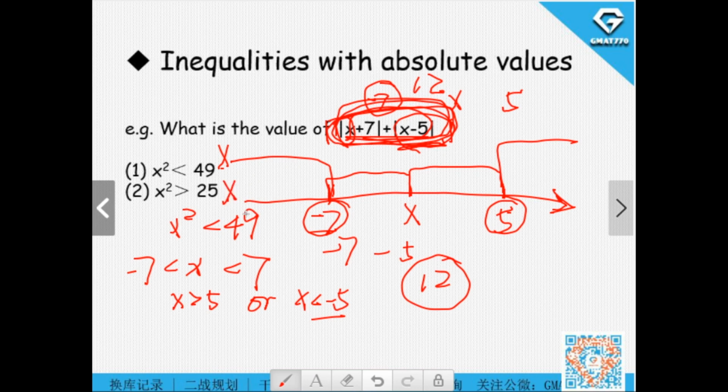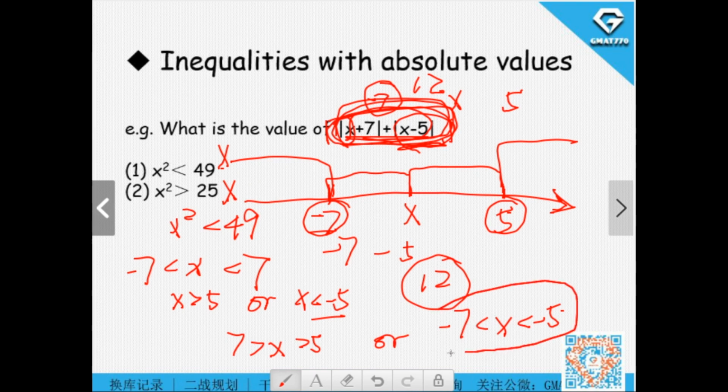Now we have to combine these two statements together. When we combine them, we get the range of x: x is greater than 5 and less than 7, or x is greater than negative 7 and less than negative 5. If x is between negative 7 and negative 5, the value of this expression will equal 12.